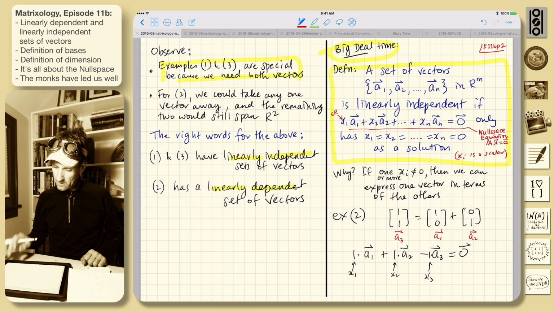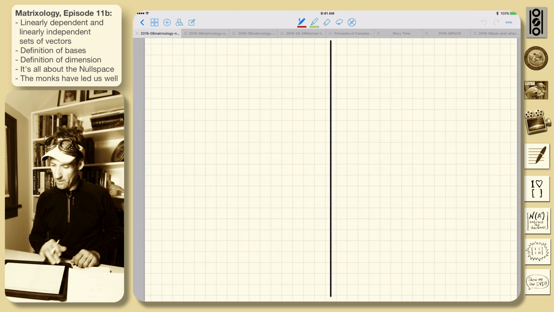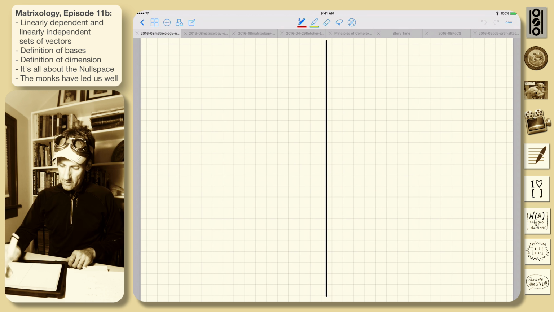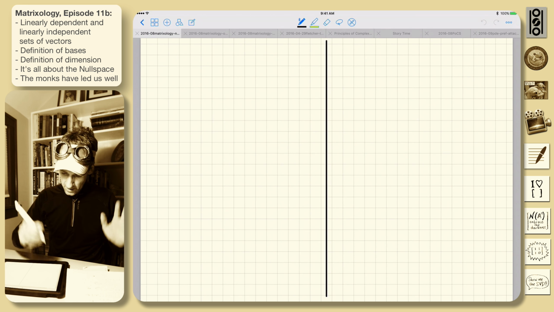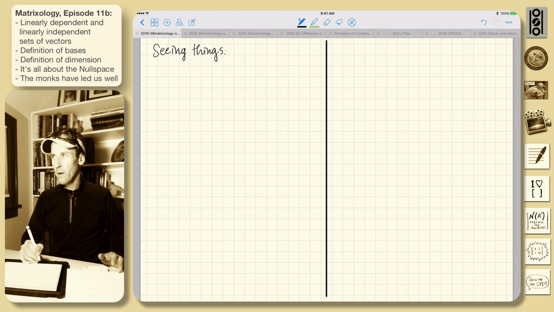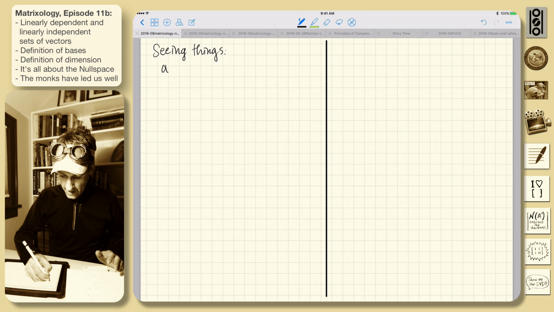So these vectors A1, A2, up to AN are linearly independent.